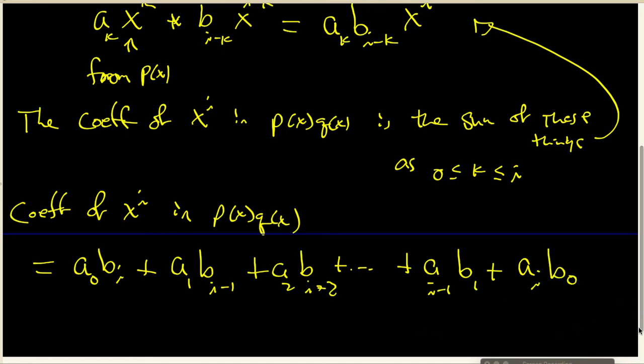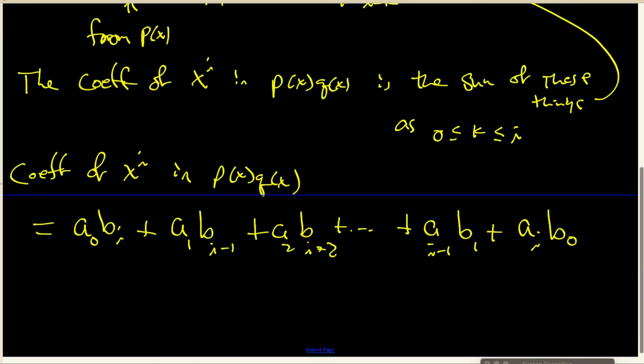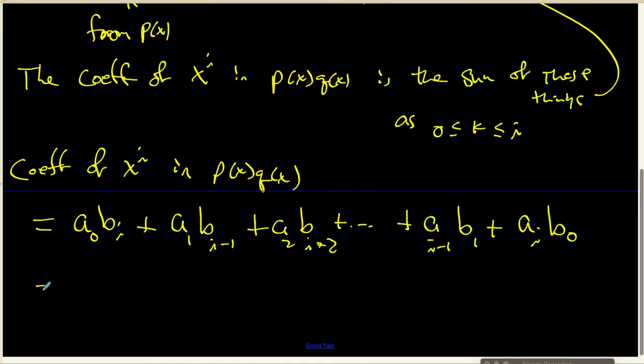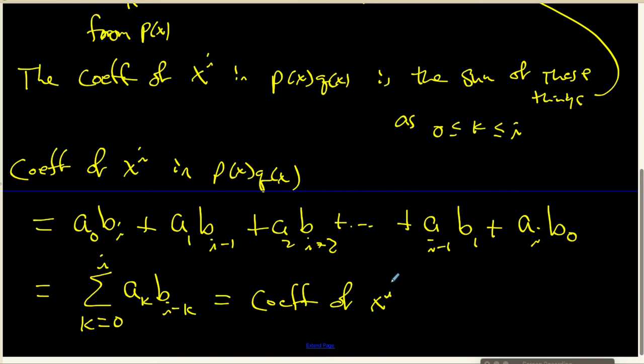Now we can shorten this notation quite a bit by writing it in sigma notation. This is going to be the sum of a_k times b to the I minus k as k goes from 0 to I. And that is the coefficient of x to the I inside my polynomial product.